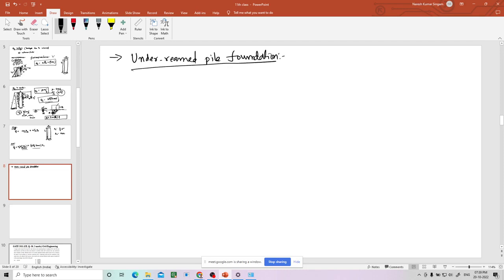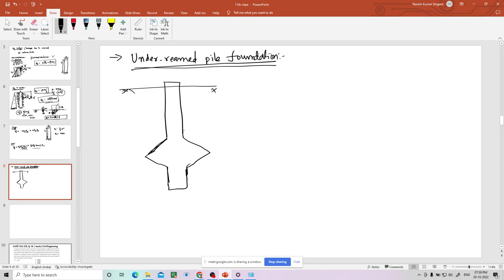I'll just show you. A pile has a bulb at some portion. These are specially used when there is a tensile load. This under-reamed portion will develop extra resistance.